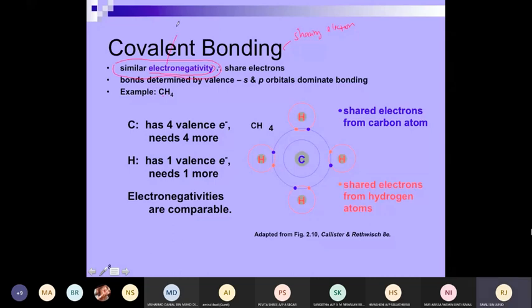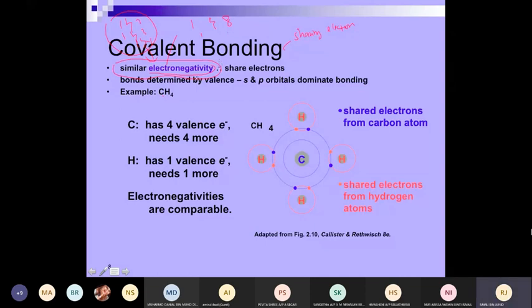It means the difference between valence electrons is not that huge. It's not like 1 and 8. It's like 1 and 2, or 1 and 3, and 1 and 4. If 1 and 8, or 1 and 7, 1 and 6, this is not similar.